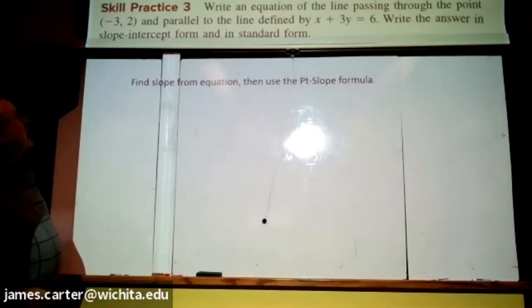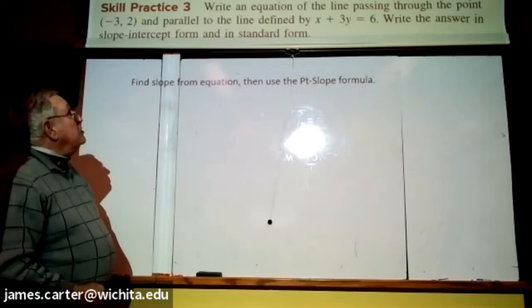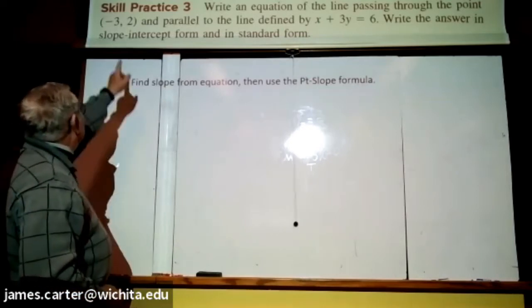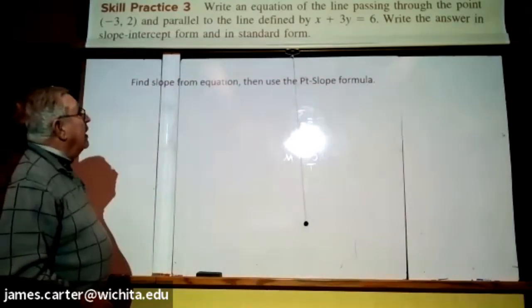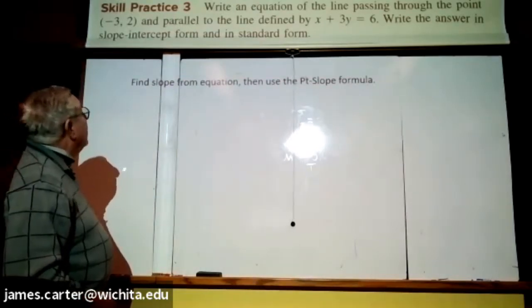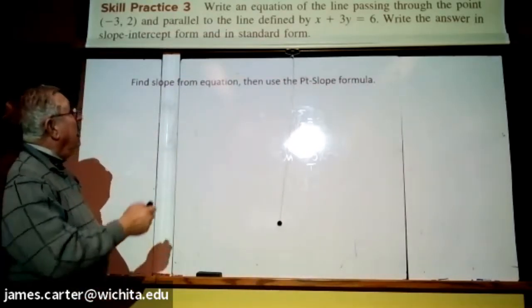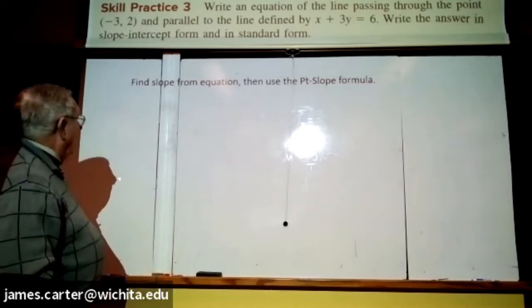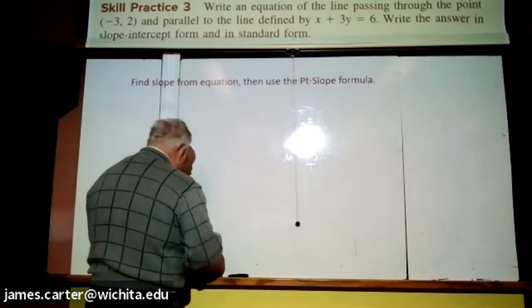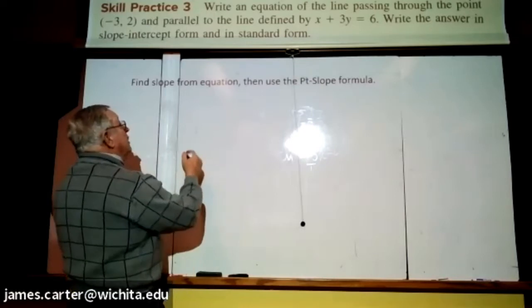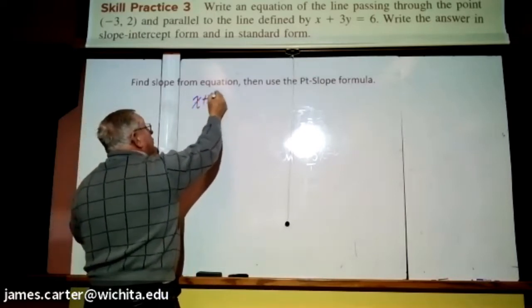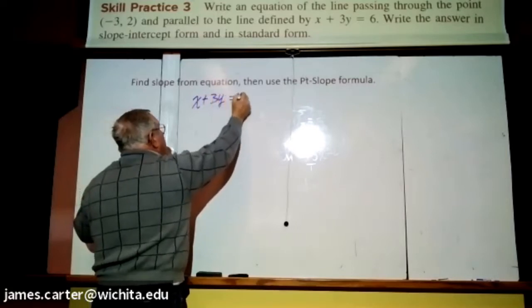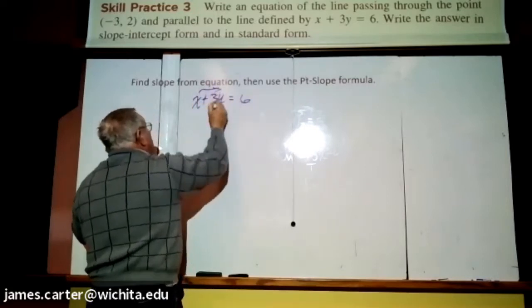Okay, what does this say? Write the equation of a line passing through the point, parallel to the line defined by that. Now, that one up there, I need to rewrite so it's in slope-intercept form. So x plus 3y equals 6. Take the x over.